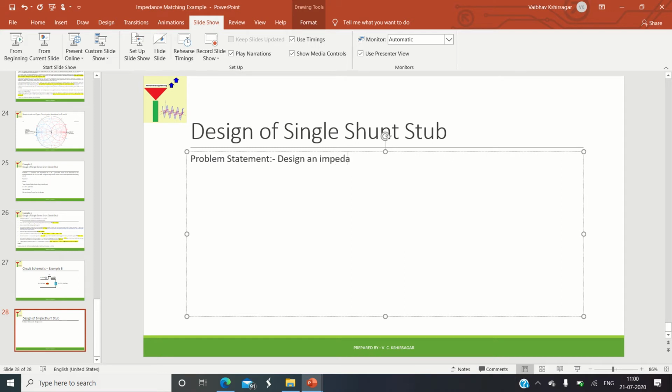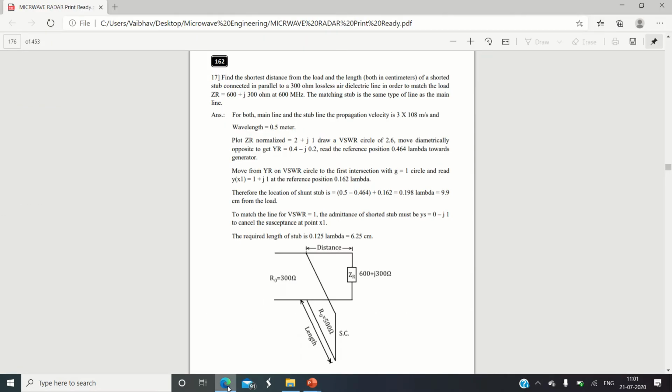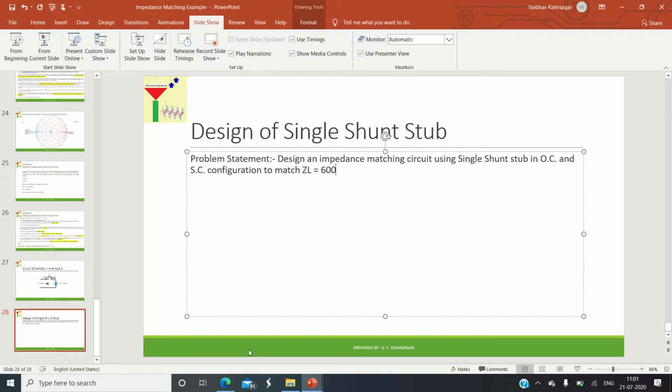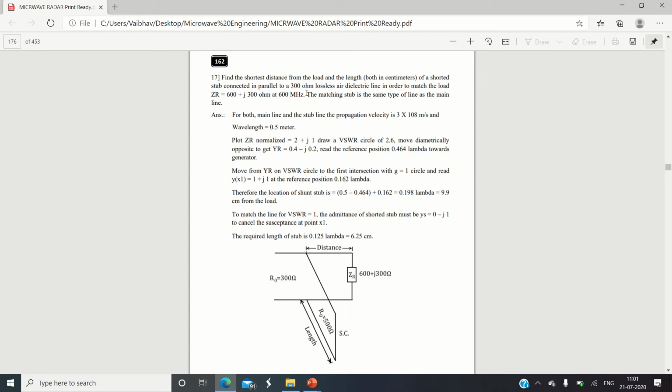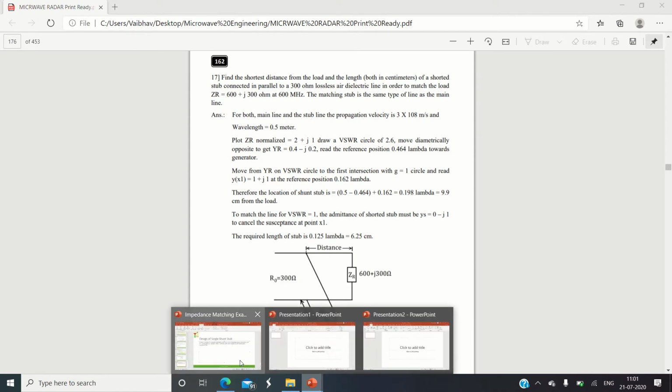Design an impedance matching circuit using a single shunt stub in open circuit and short circuit configuration to match ZL, taken from the book, which is 600 plus j300 ohm, with a transmission line of characteristic impedance Z0 equal to 300 ohms.